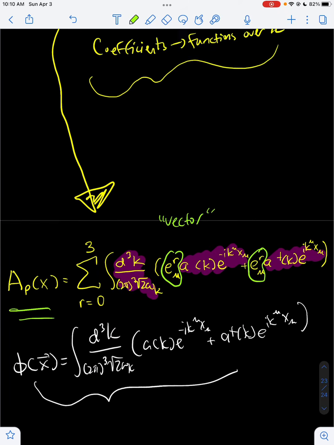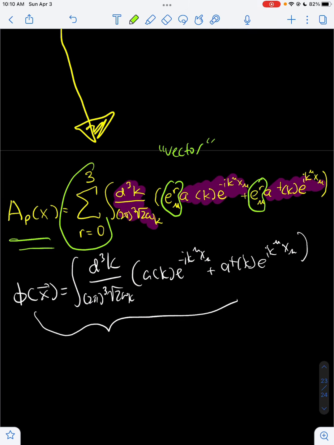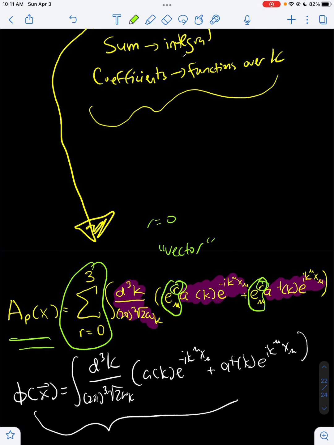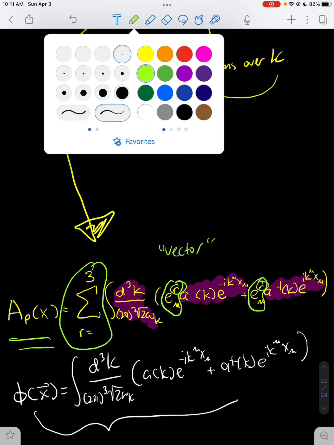Also, we have a sum to 3. Here, this R represents each polarization vector. Sorry, R should start at 1.